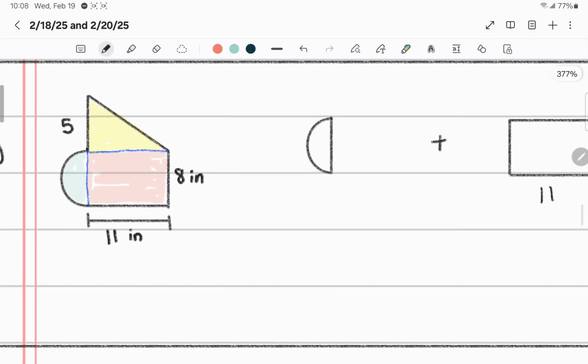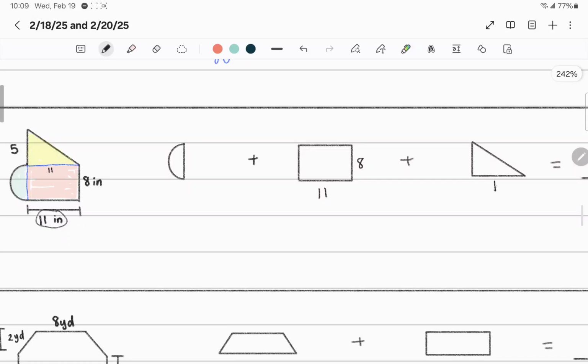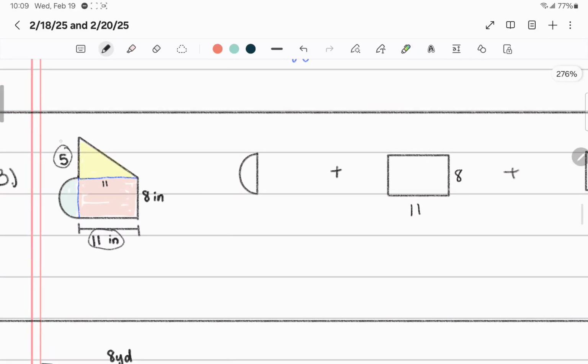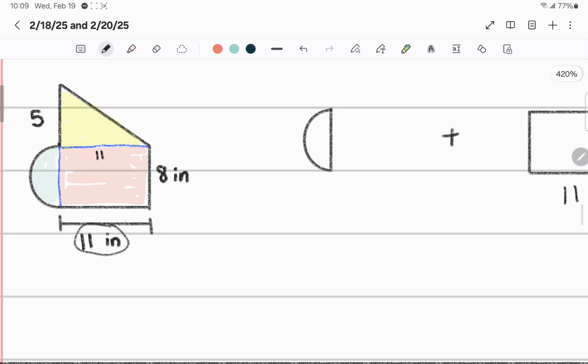For the base of my triangle, since this is 11, this is 11. So on the base of my triangle, we have an 11. And then we have our 5 right here for the rectangle. And then for the semicircle, since this side is 8, this side is 8, right?